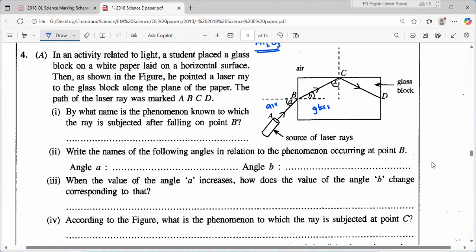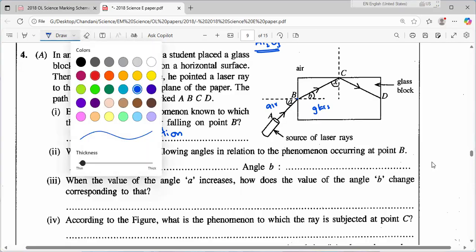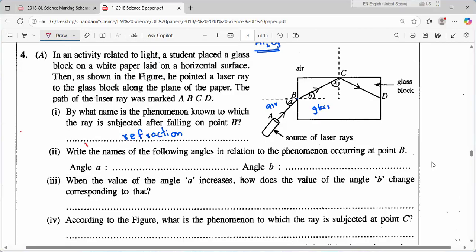When the light is entering from one medium to another medium, it is bending. This one we call refraction. What is the reason for the refraction? This is the answer. In the exam, if asked what is the reason for the refraction, the reason is that the speed of light in different mediums is different.